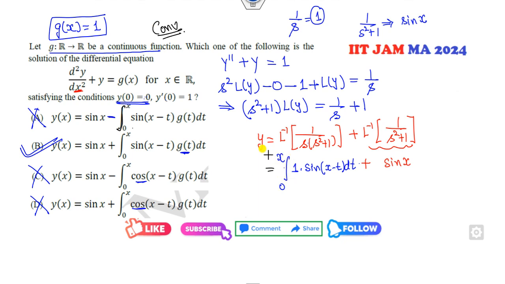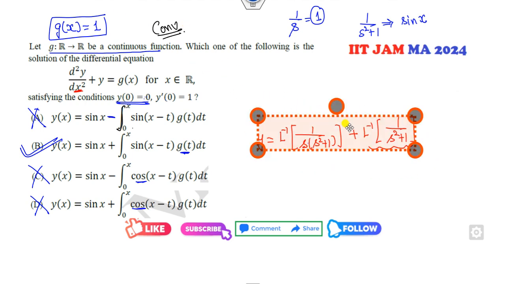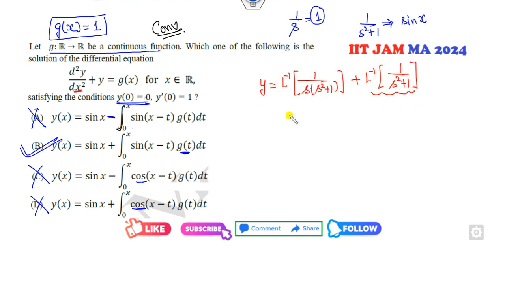There is one more way. If you don't remember the convolution result, I can solve without the convolution part. So for that I can see how you can solve without the convolution. This means 1 over s, that's the integration from g. It is my sine of x, but I have to integrate this with respect to t.